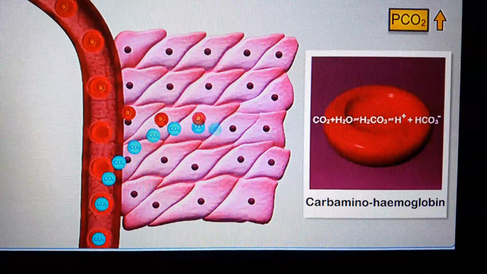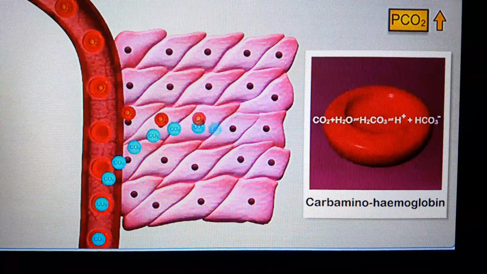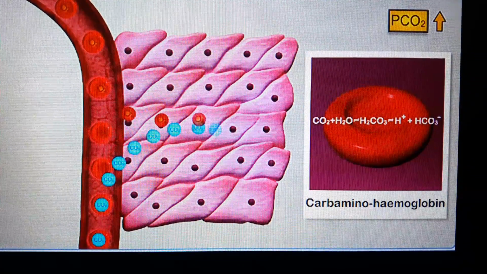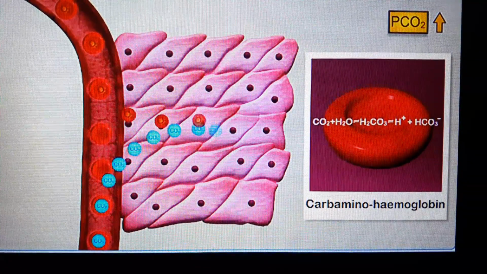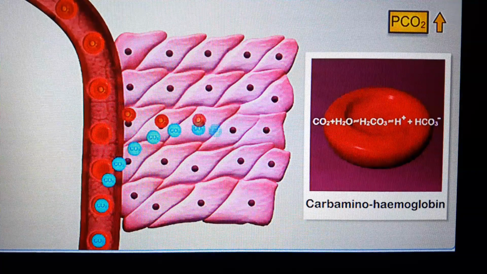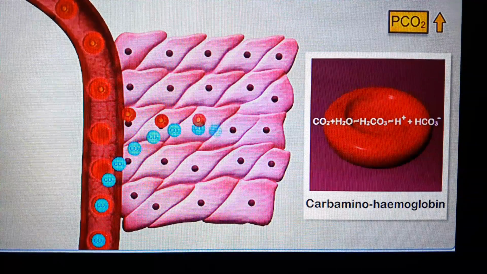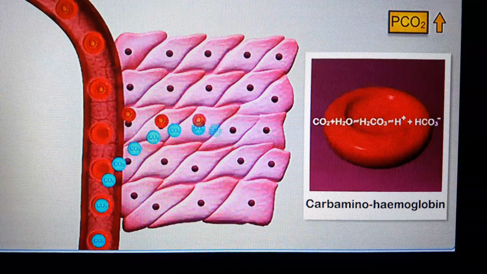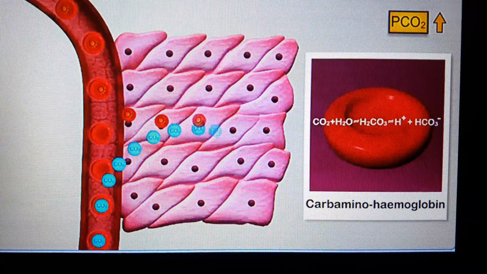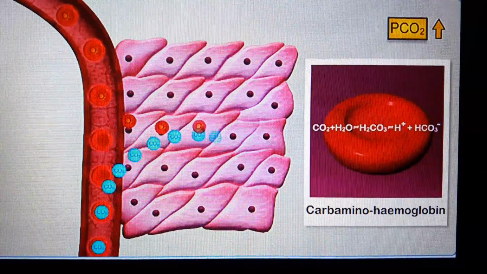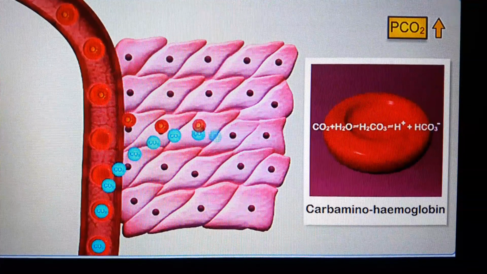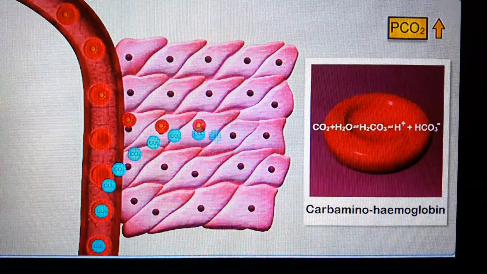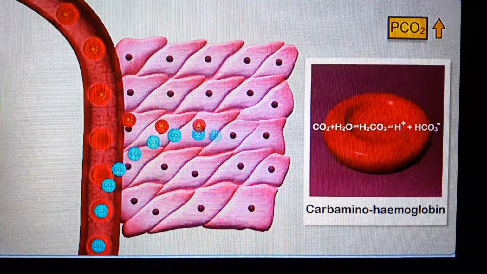Just look at the reaction: carbon dioxide plus H2O gives H2CO3, which gives H+ plus HCO3-. So this is the site where carbon dioxide diffuses into the blood capillaries from the tissue.